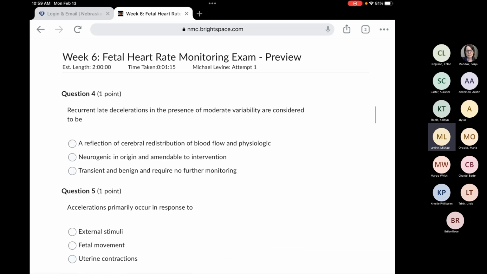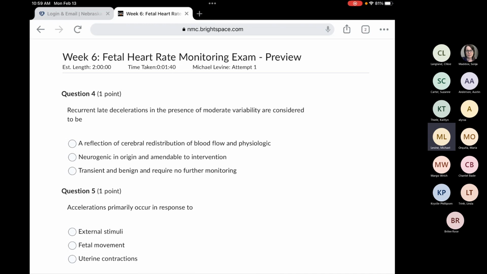Recurrent late decelerations in the presence of moderate variability are considered to be a reflection of cerebral distribution of blood flow, neurologic or neurogenic in origin and amenable to intervention, transient and benign, and require no further monitoring. Well, that's kind of a tough question.